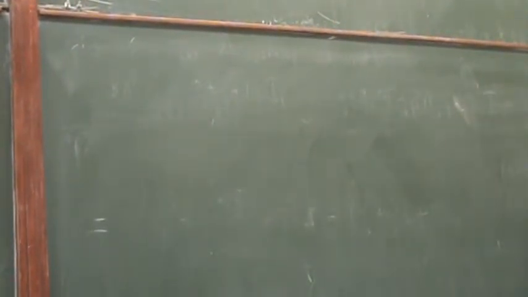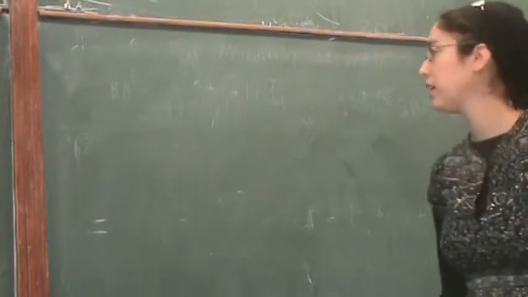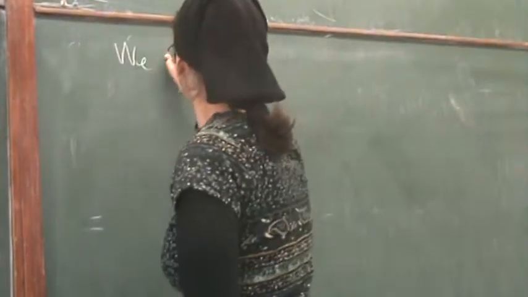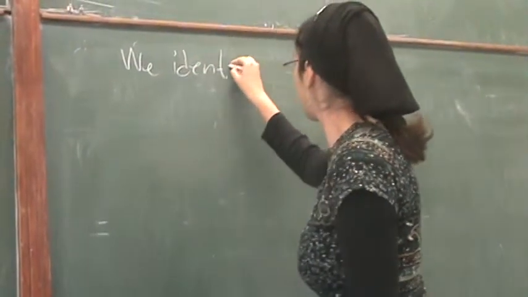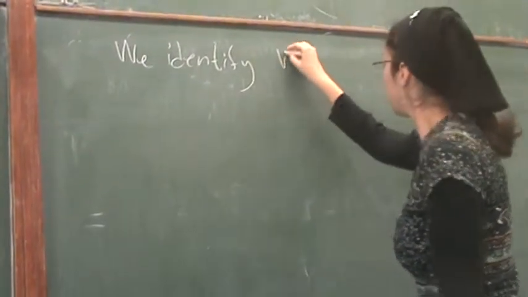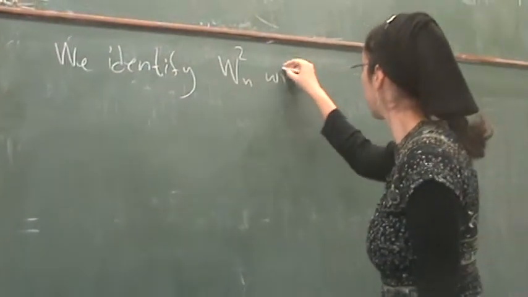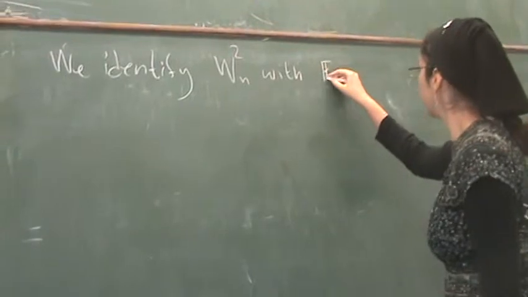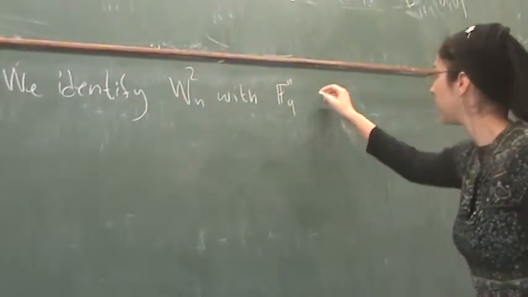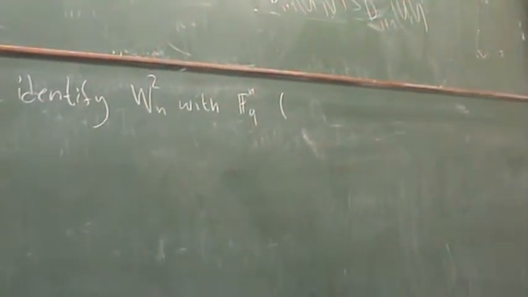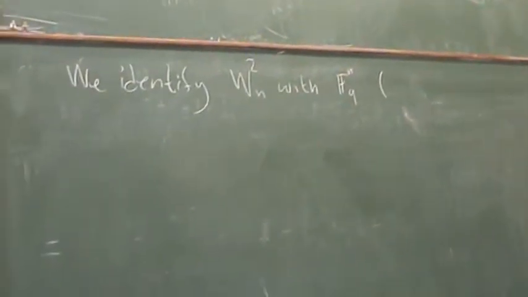And now we just do the same with the other chamber. We identify W2n with F_Q^n, and now you can take any identification.